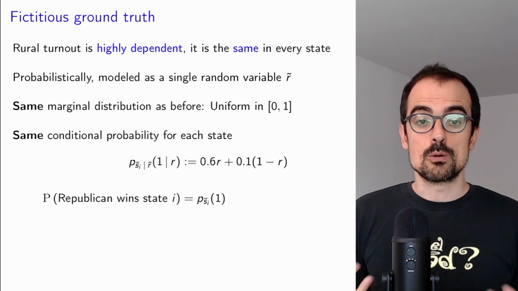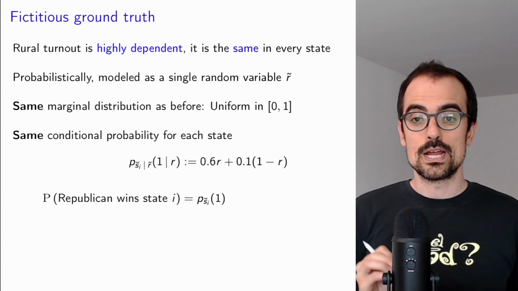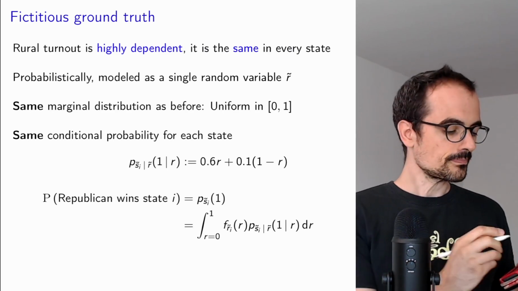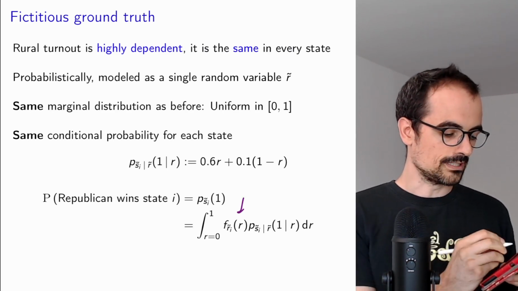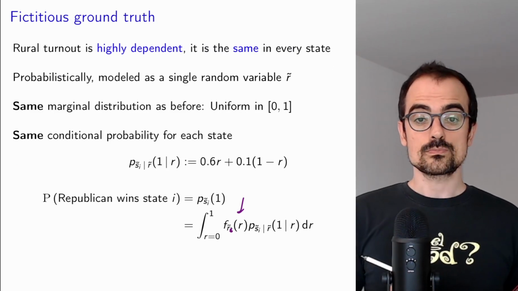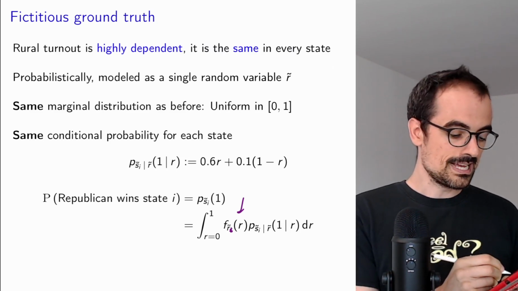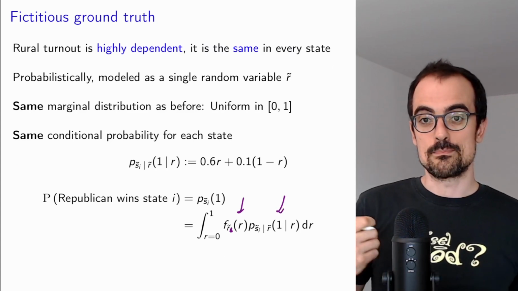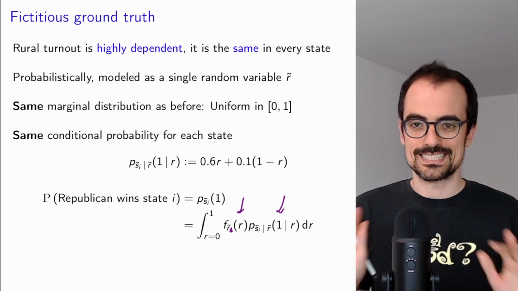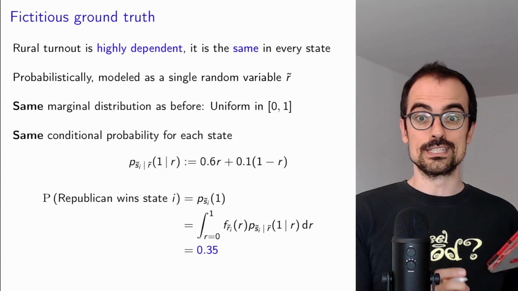If we compute the probability that the Republican wins each of the states separately, we are actually going to get the same result, because the marginal, actually this should be f of r, the marginal of the rural turnout is exactly the same, and the conditional probability that the Republican candidate wins based on the rural turnout is exactly the same. So when we compute this integral, we're still going to get 0.35.